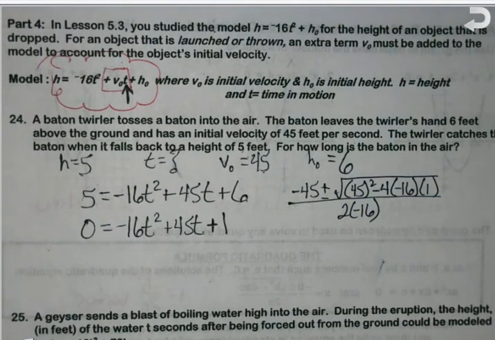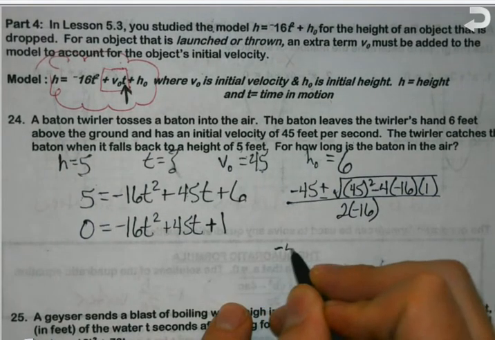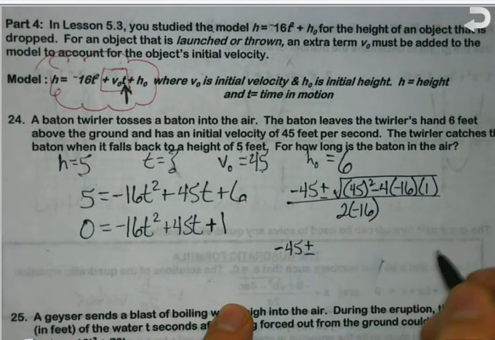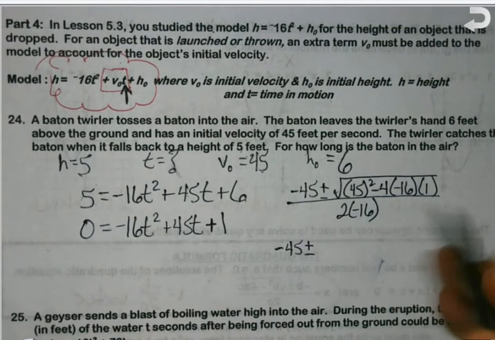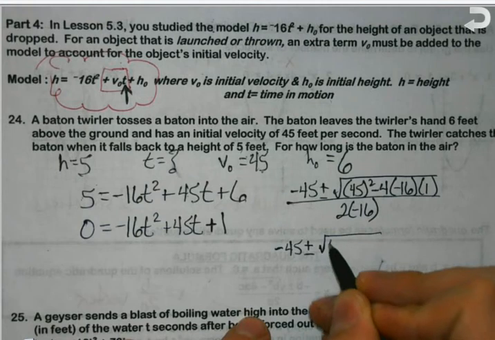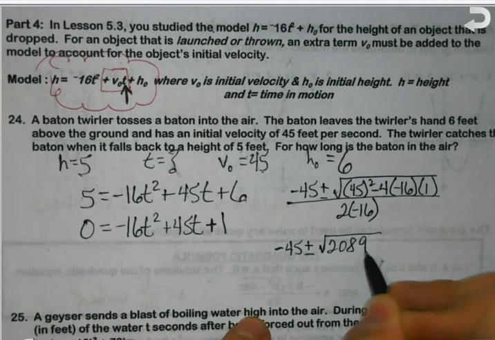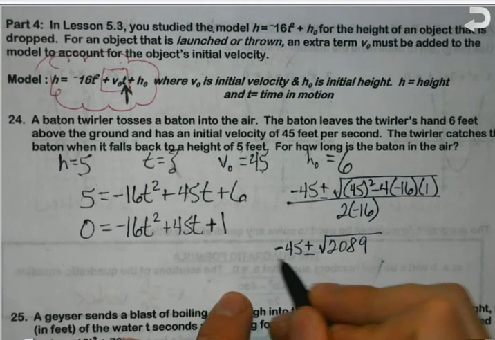So we got working here. Let's see what big ridiculous number we can get. 25 squared is 2025 plus 64 more. So I got the square root of 2089.